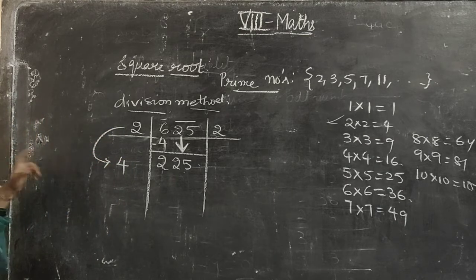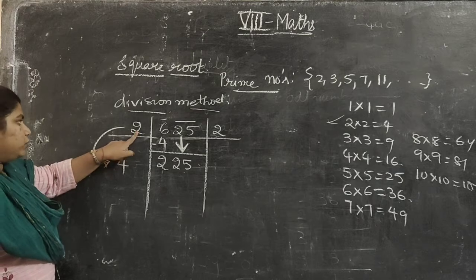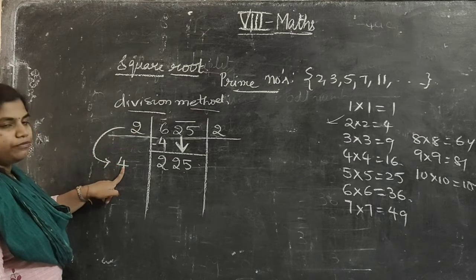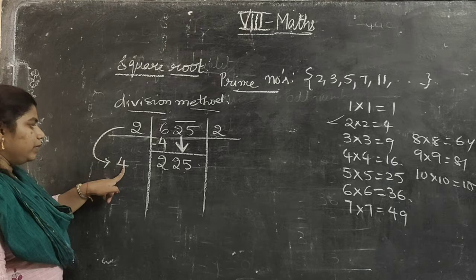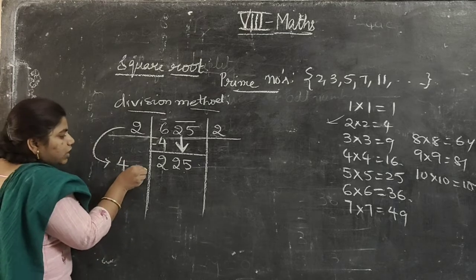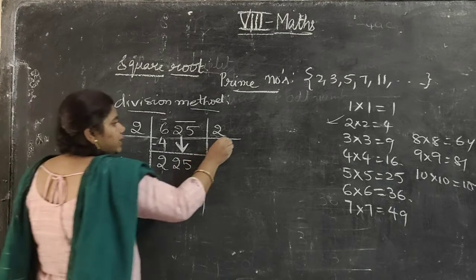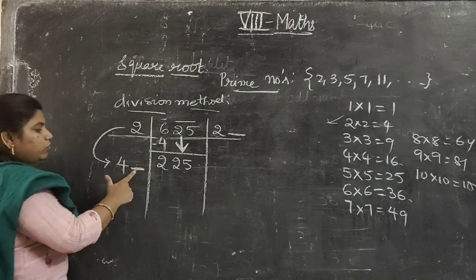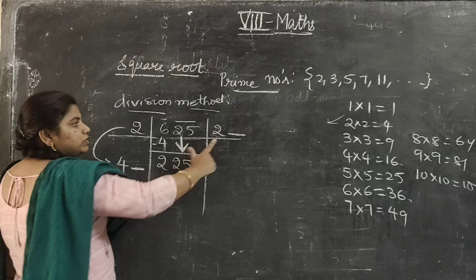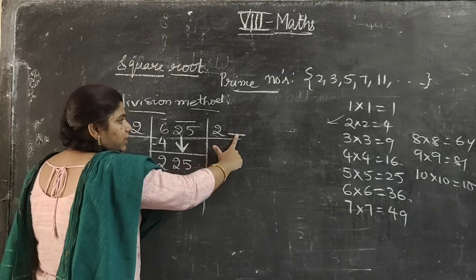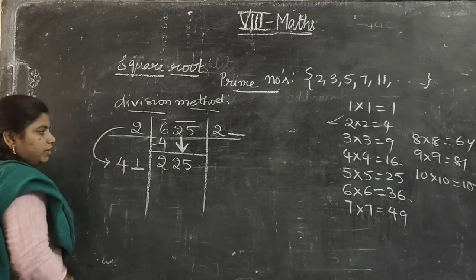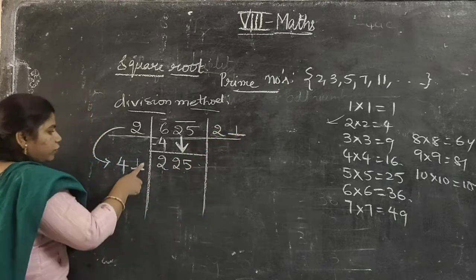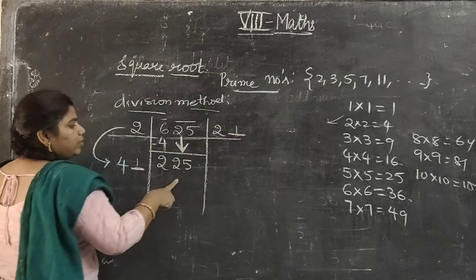Now double this value. Which value do we have to double? This value. So 2 plus 2 is 4. So doubling it becomes 4. Now again, whichever number you multiply here, the same number should be multiplied on this side also. If I take 1 here, I have to multiply by 1, so 41 into 1 will be 41.